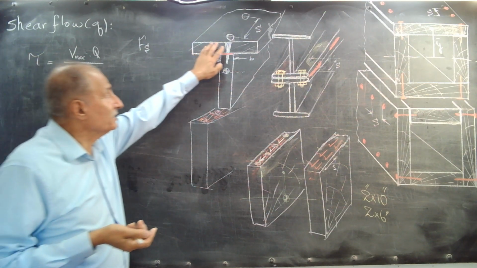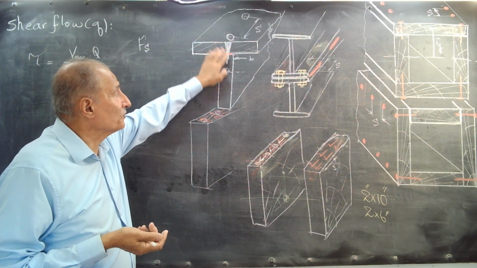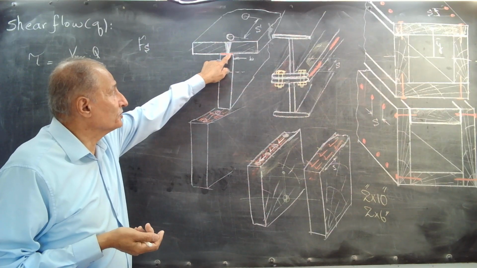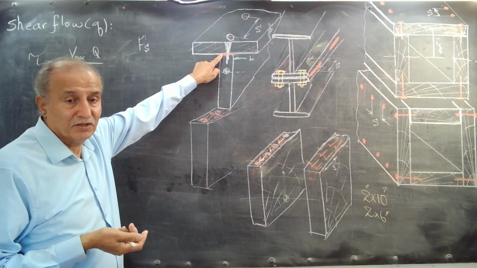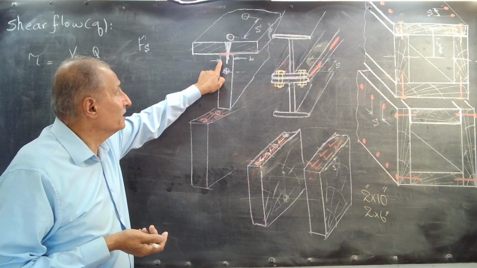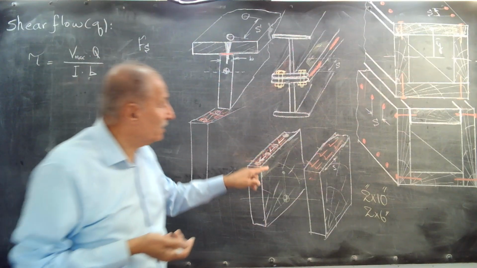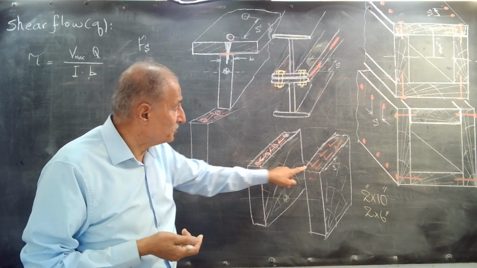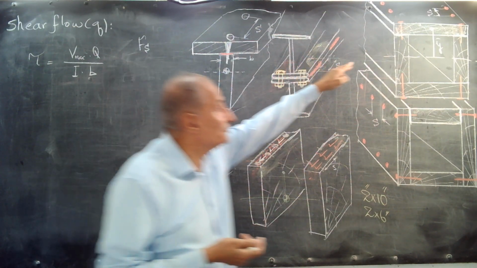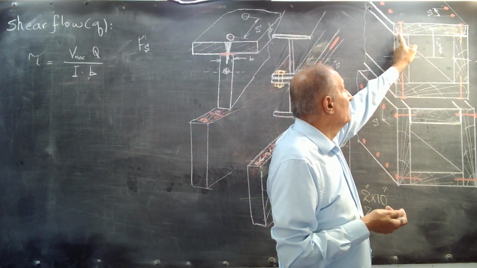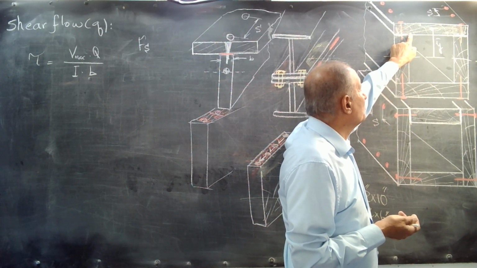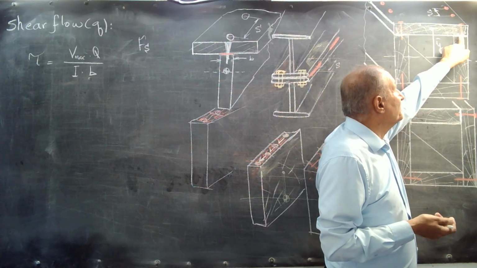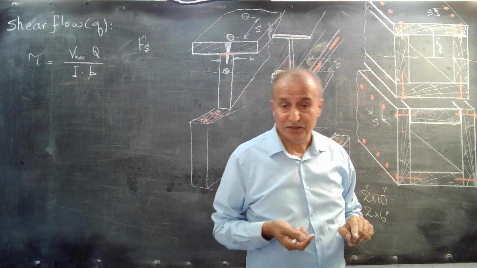For example, to separate this top flange from this web, you have to cut just in this area, then the length of the cut is b here. And here, if you cut to separate the top flange, you have to cut it here and cut it here. This plus this is b here.